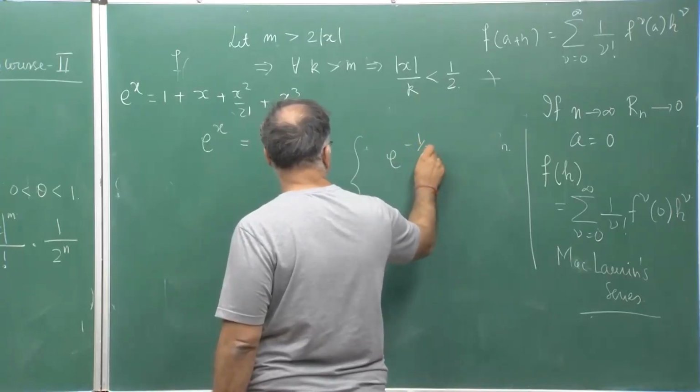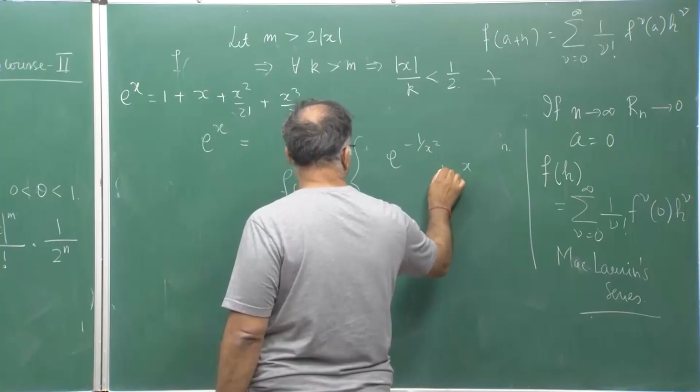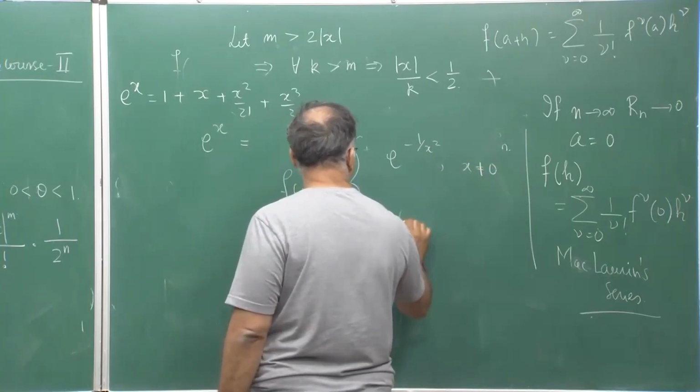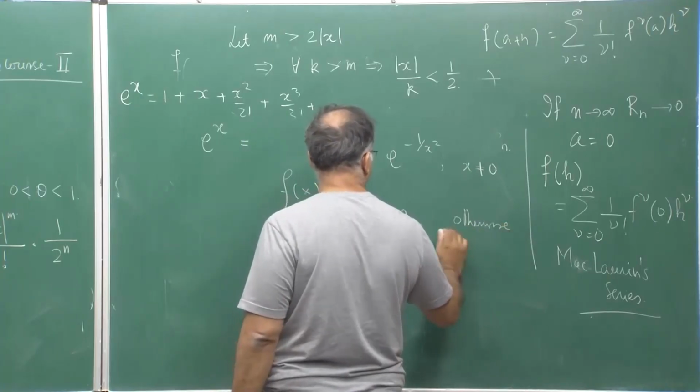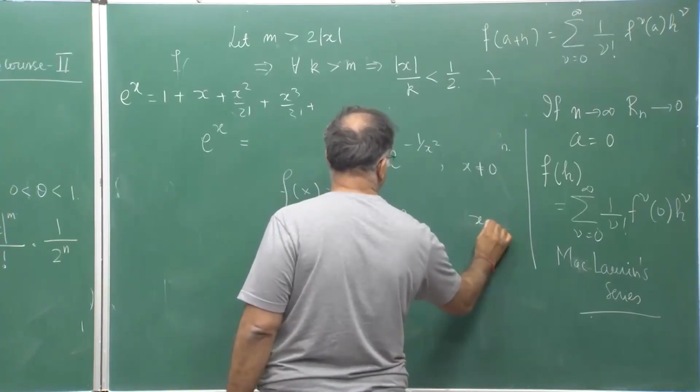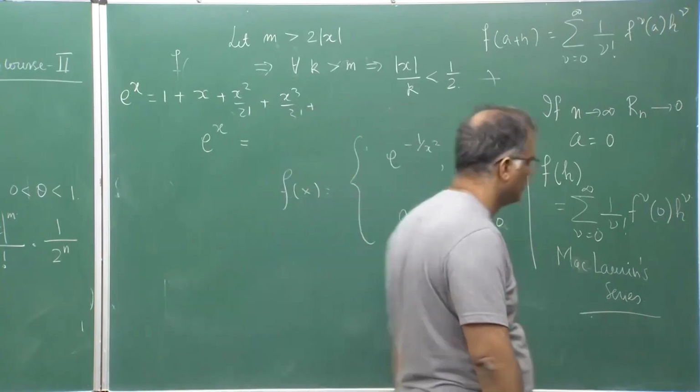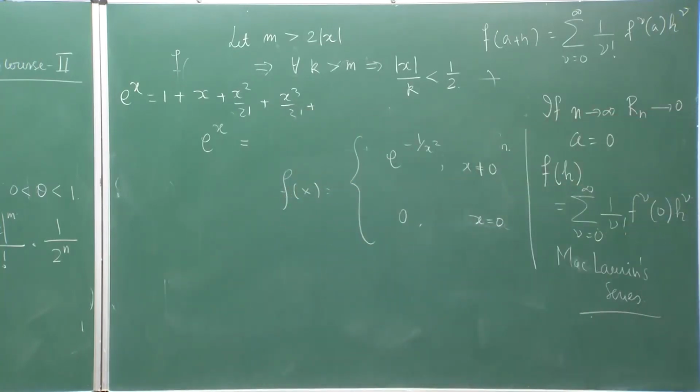Where the Maclaurin series cannot be handled, that is, you have the function that is f(x) equal to 0 at x equal to 0. This has derivatives of all order actually at 0.